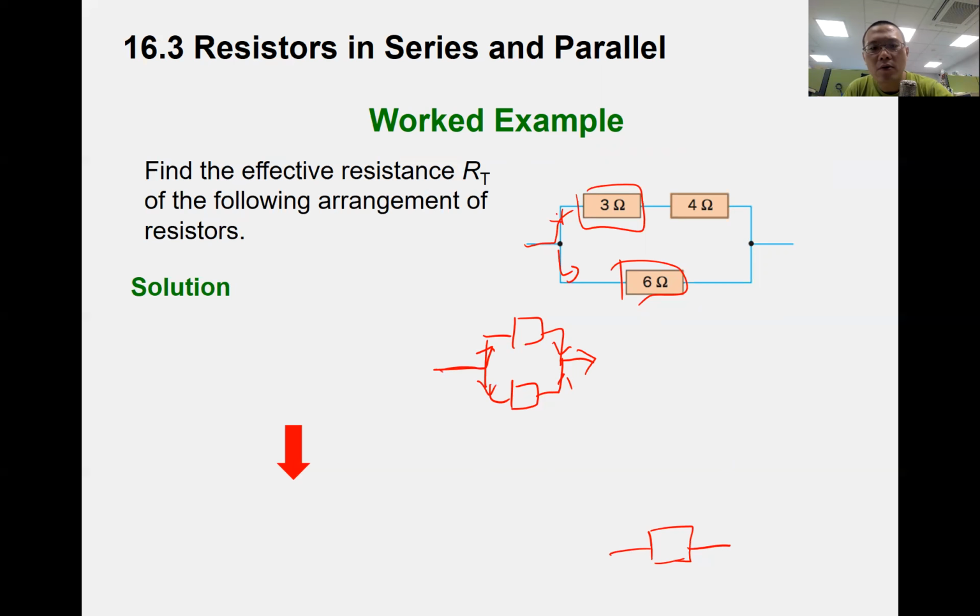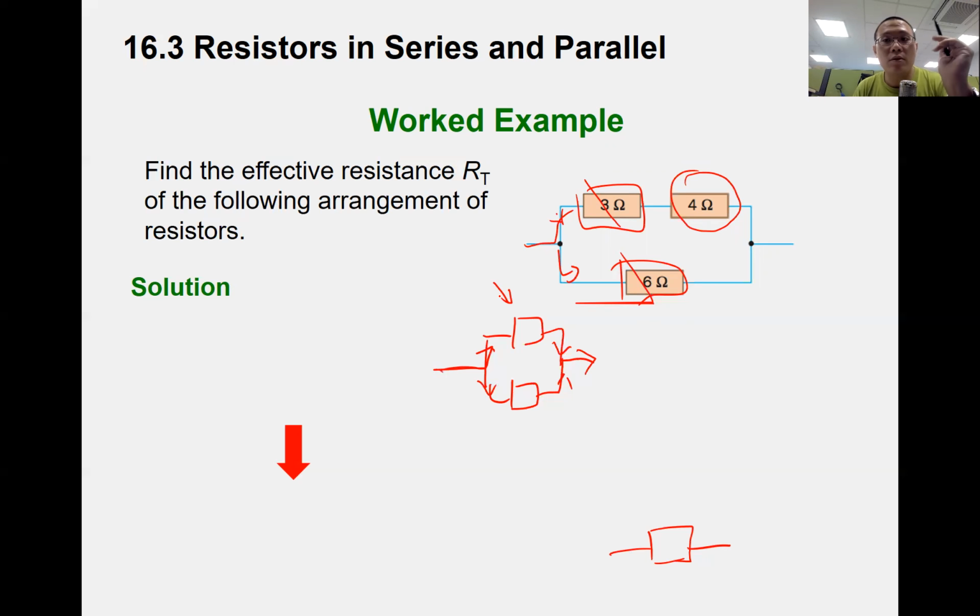But right now, if you look at 3 and 6 ohm, yes, they are one resistor up, one resistor down, and current flows through the 3 and through the 6 ohm. But somehow there is a 4 ohm on the right side here, which is a bit different. So I'm not very convinced that 3 and 6 ohm are purely in parallel.